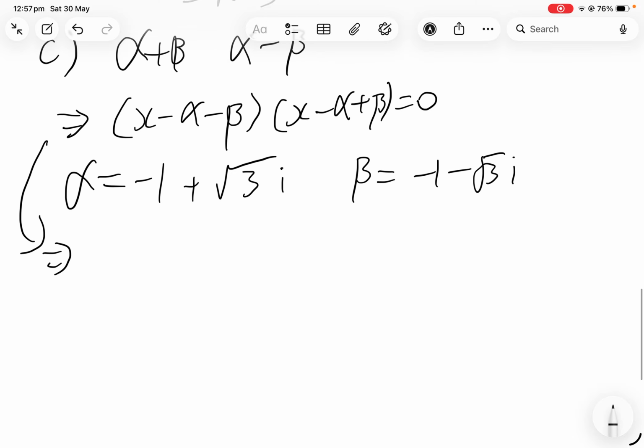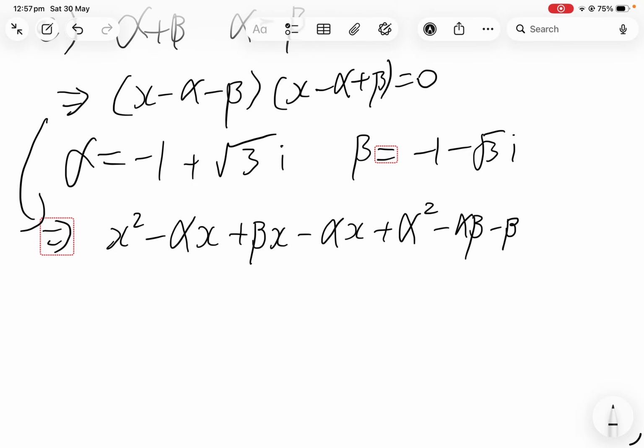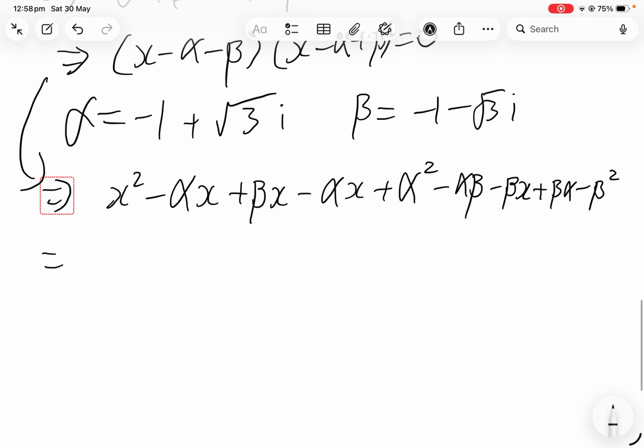So this should just become x squared, minus alpha x plus beta x, minus alpha x plus alpha squared, plus alpha beta, minus beta x plus beta alpha, minus beta squared.